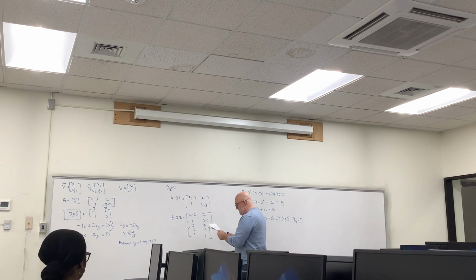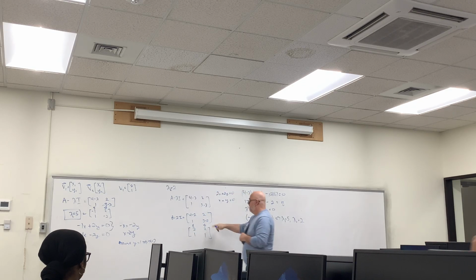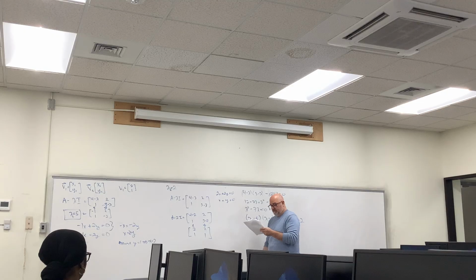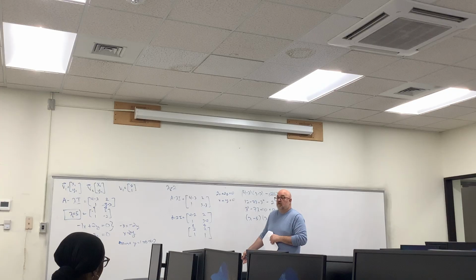So I pull this out and I can either do 2x plus 2y equals 0, or I can do x plus y equals 0, but they're the same. Same vector. So then what do I do? I'm just going to choose a value for y or x, either one.